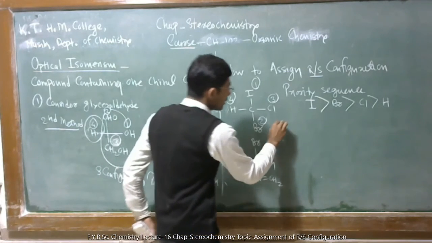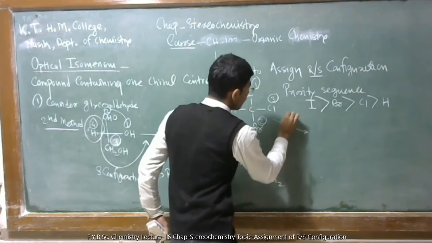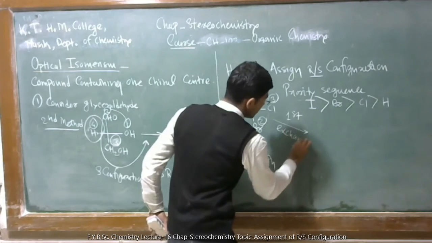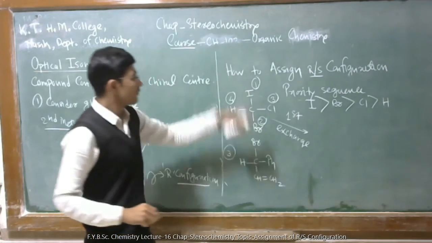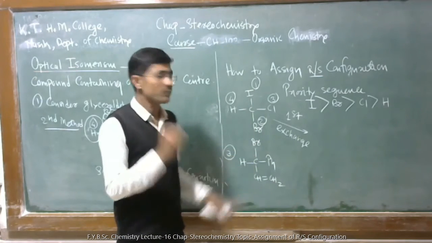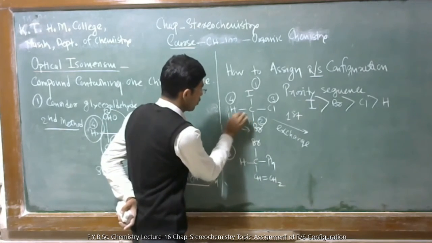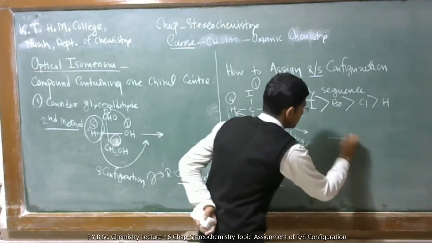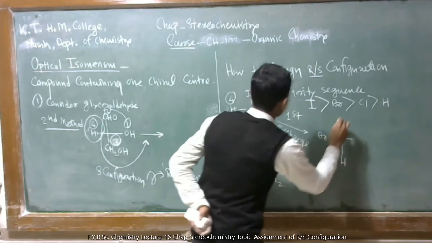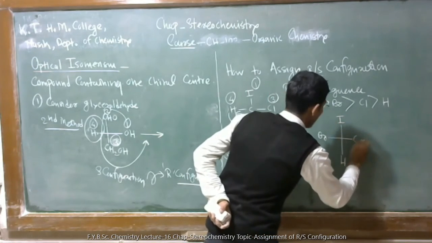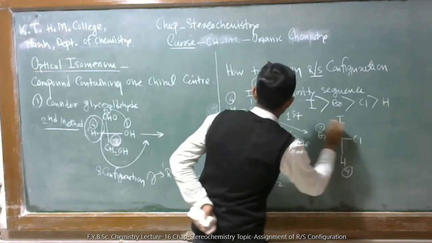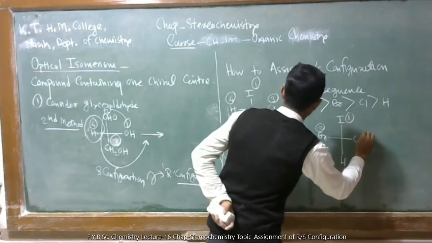Here we have to apply the first exchange, using the first method. In the first exchange, you have to bring the second priority group to the bottom. So we perform it like this. Hydrogen comes at this position, then bromine, then iodine, and chlorine comes at position 4. Then this is the second, this is the first, and this is the third.